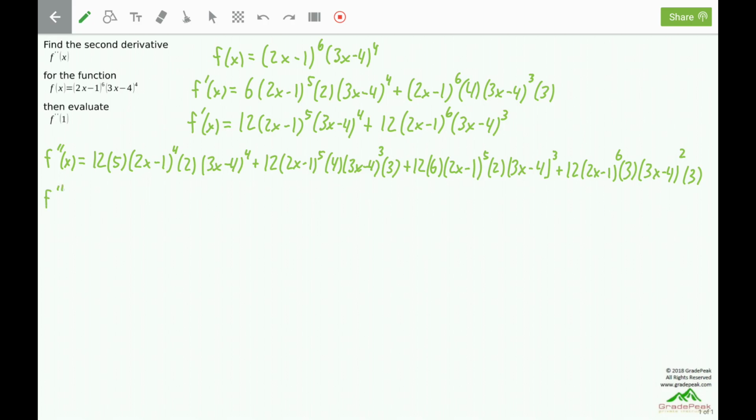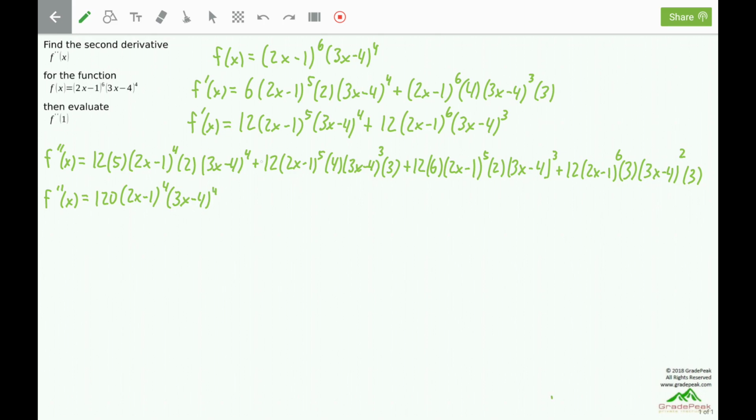So our second derivative, f double prime of x, will be, what we can do with this is collect the constants together to make this look a little nicer. So this first term we have a 12, a 5, and a 2. 5 times 2 is 10, times that 12 will give us 120. So we have 120, (2x minus 1) to the 4th, and (3x minus 4) to the 4th.